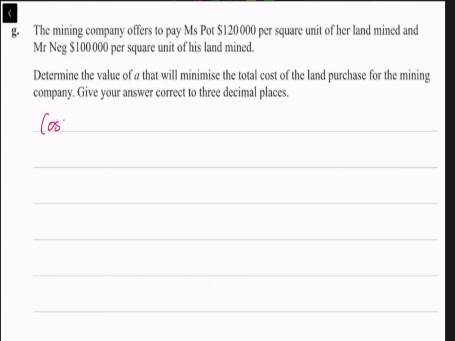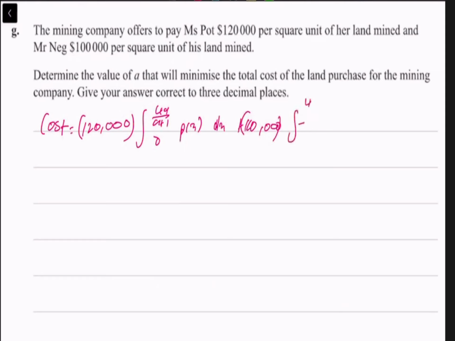So the cost is going to be 120,000 times the integral from 4a plus 1 to 0 of p(x) dx, and it's going to be 100,000 times the integral from 4 to 4a, a plus 1, of p(x) dx. So this is the negative part. Oh, sorry, this should be a minus. Minus this one.